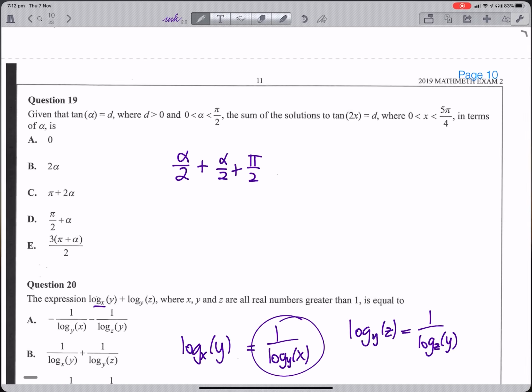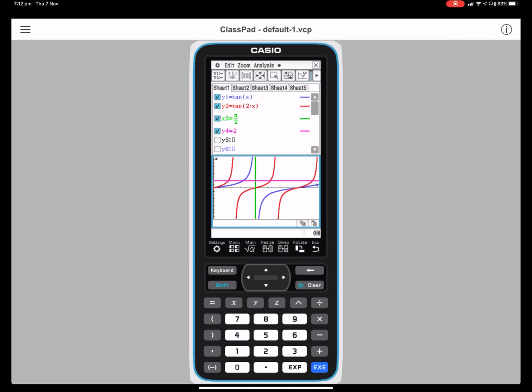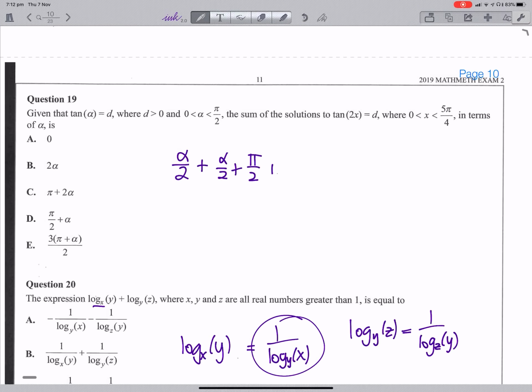Okay, and is there any more solutions? There's one more solution, so that'll be plus another alpha on 2 plus pi on 2. So we get 3 alpha on 2 plus pi on 2 plus pi on 2, which is pi, which isn't there as an answer.